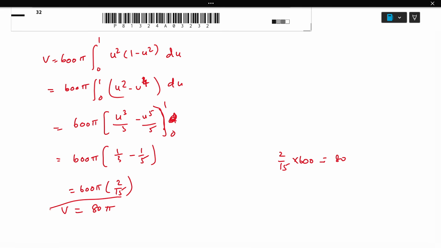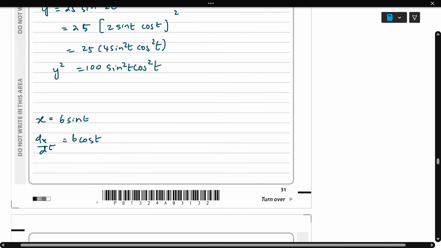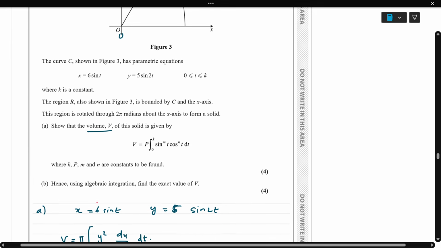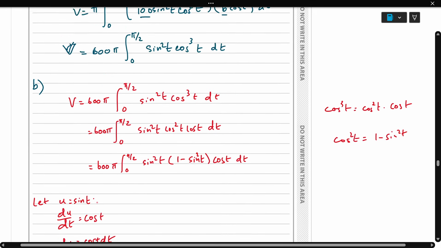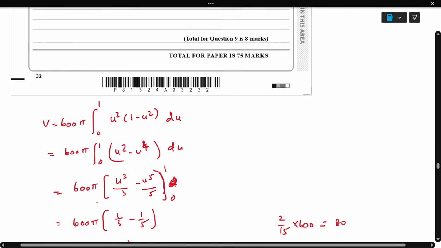We're not required to go for a decimal because they asked for the exact value. The exact value is 80 pi. That's the final answer.